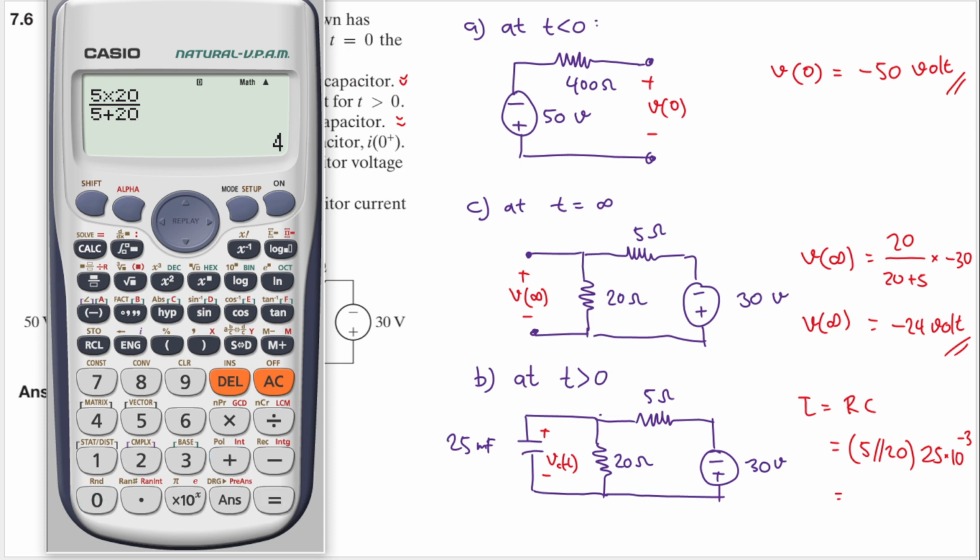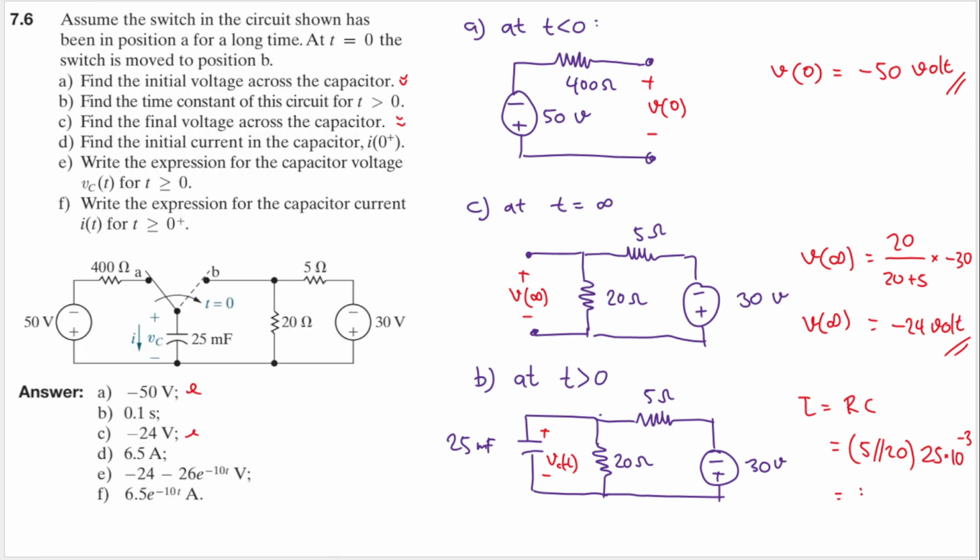So that will be 4. 4 multiplied by 25, that will be 100. So we'll have 100 times 10 to the minus 3. And this will be in seconds, or tau is equal to 100 millisecond. Okay, so this is question B.